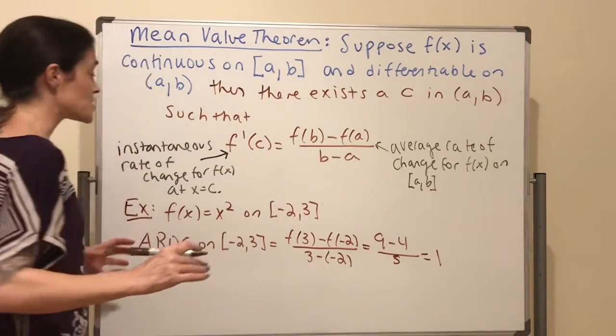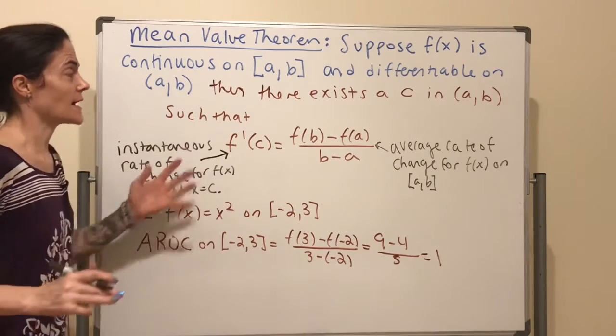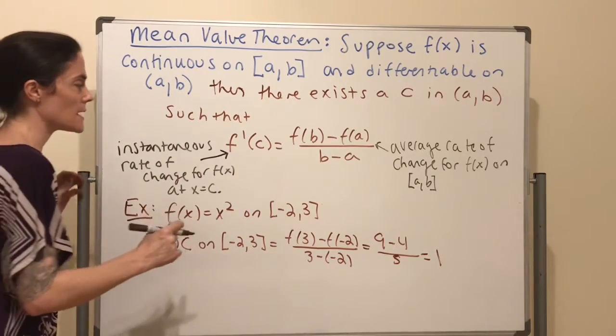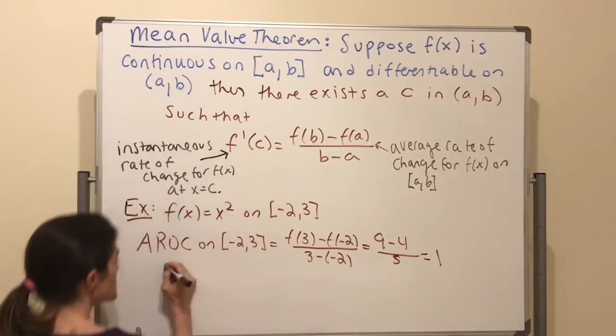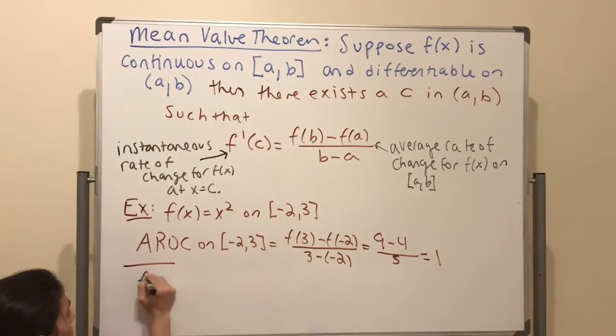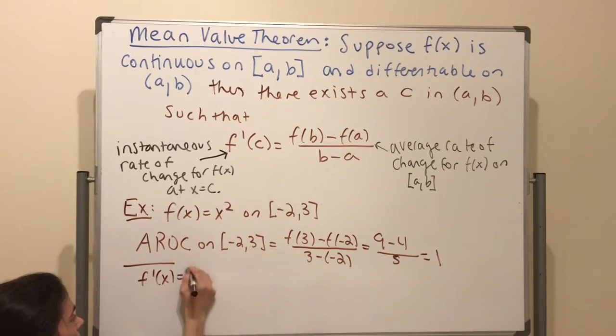Well, we can actually, in this example, find it, right? Because what is the derivative? So we know the derivative is 2x.